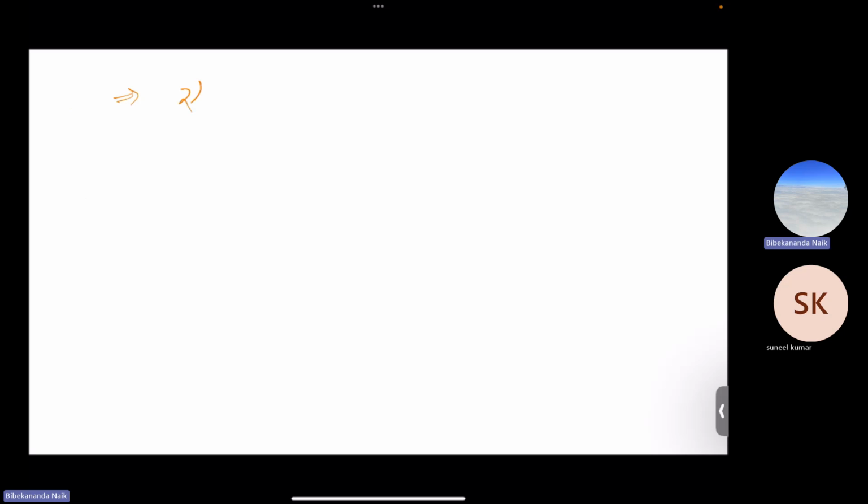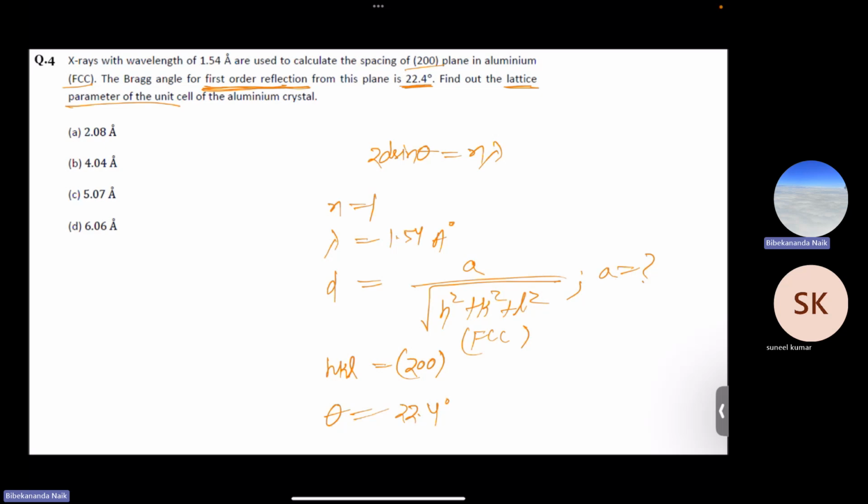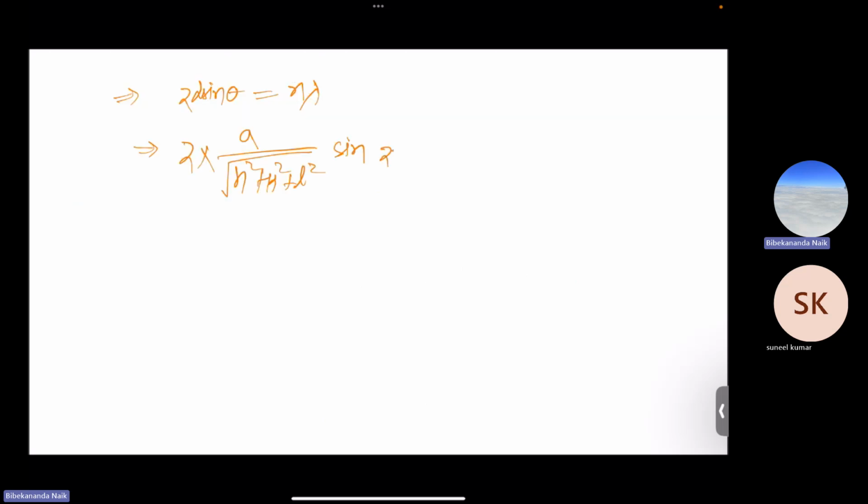So 2d sin theta equals n lambda. That implies 2 into d, where d is a divided by root of h square plus k square plus l square, into sine 22.4 equals 1.54 angstrom.